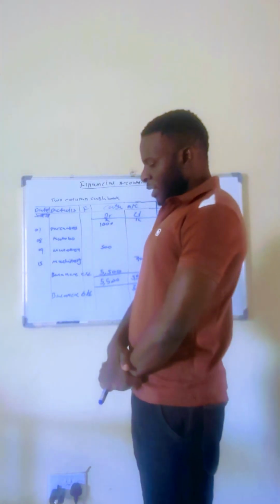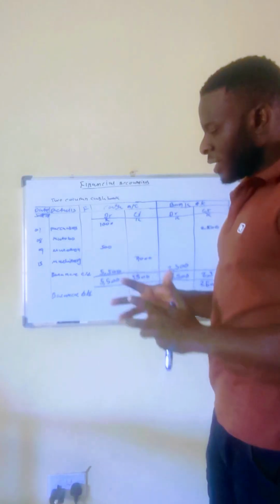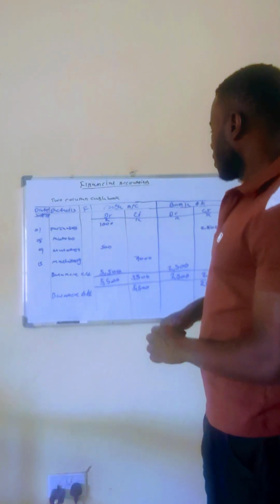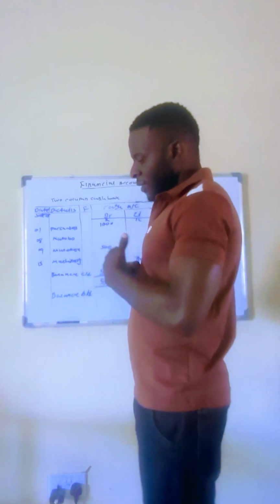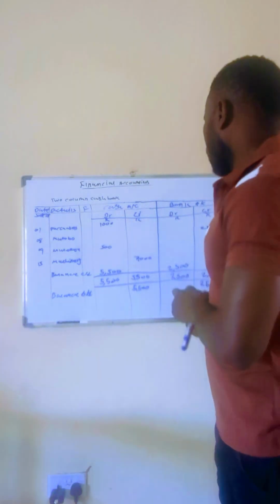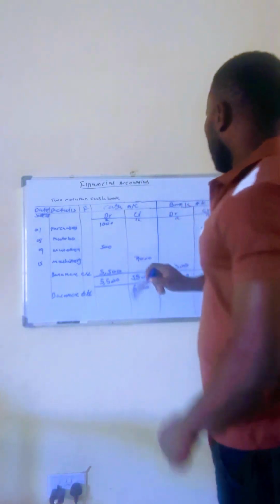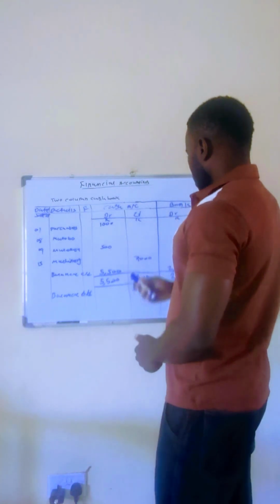In this case, machinery was coming into the business. So we debit the machinery account and credit the cash account. Since cash was going out of the business, we credit the cash account by this amount.